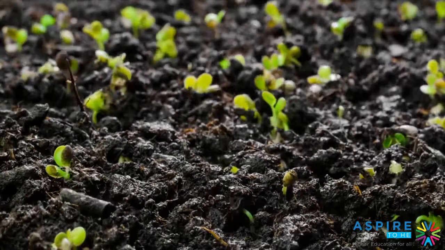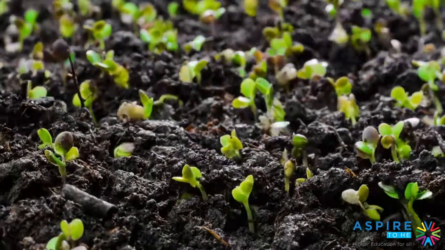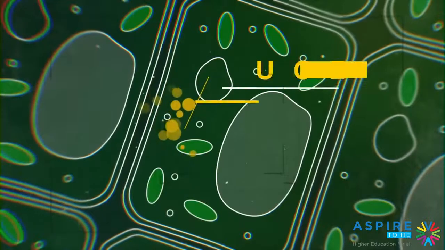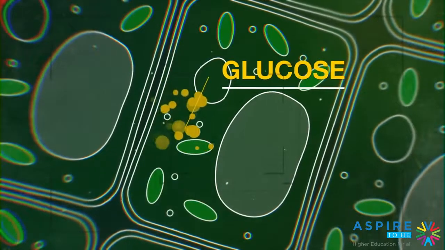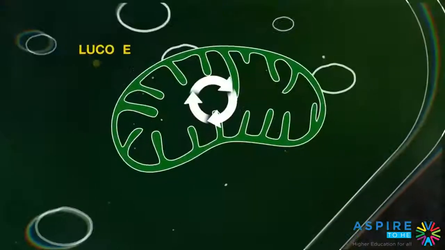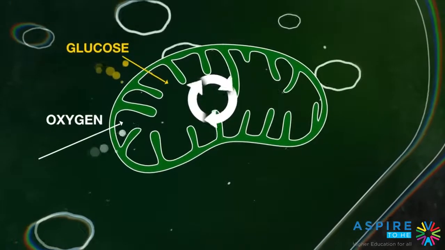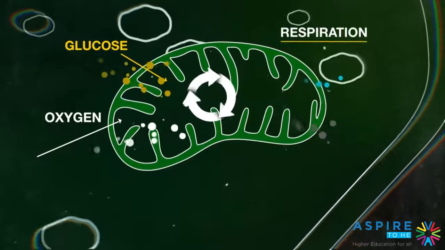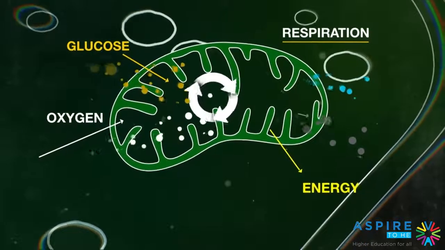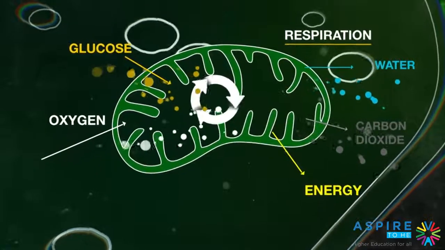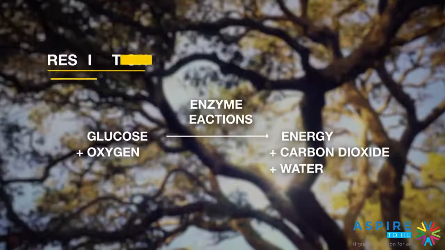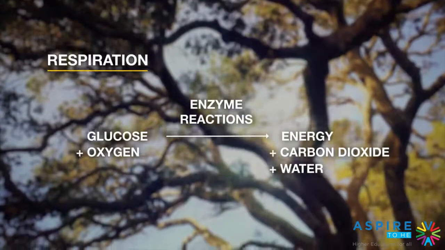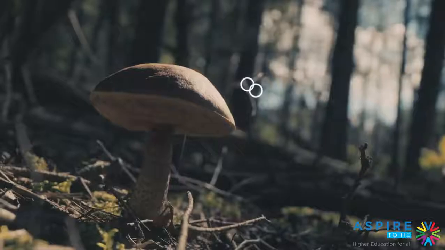Organisms require energy to grow, repair themselves, reproduce, and carry out everyday tasks, such as movement. Glucose is the main source of that energy. Cells break down glucose and oxygen in a series of enzyme-controlled reactions known as respiration. Energy is produced while carbon dioxide and water are released as byproducts. Respiration occurs in all living things, including animals, plants, and fungi such as yeast.